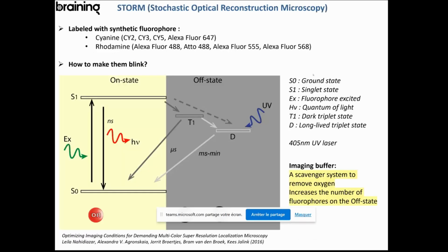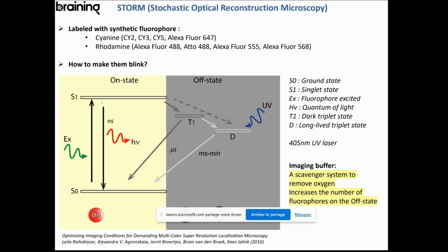So it's maybe complicated to understand, but to turn on and off our molecules, we are using a combination of lasers, and especially the UV laser. This is really based on the physical principle of fluorescence. When you excite a fluorescent probe, it goes to the on state, it emits some light, and then it goes back to what we call the ground state to be excited again.